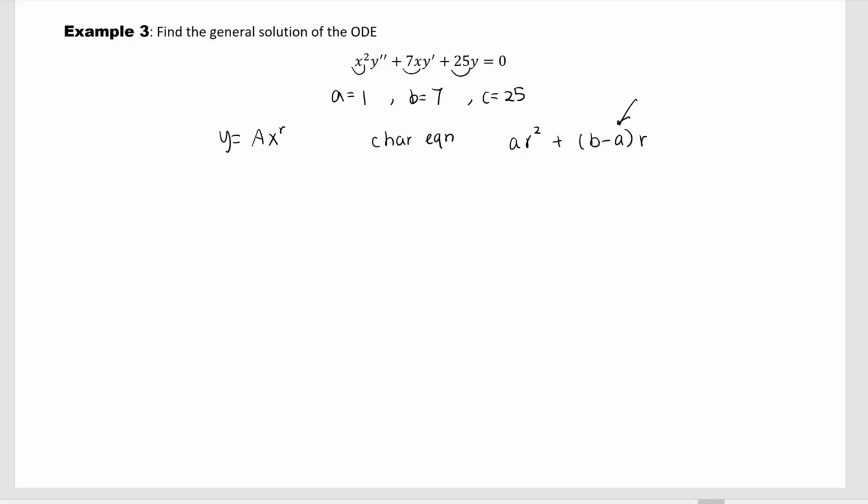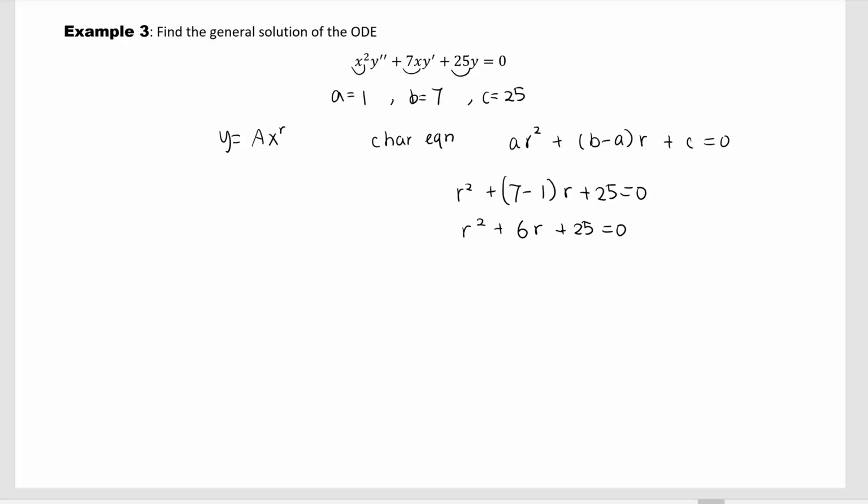But if we have Cauchy-Euler, then this is b minus a, times r. The first term and the last term are the same in both cases. So we have c equal to 0, a is 1, b is 7, c is 25. So r squared plus 6r plus 25 equals 0.